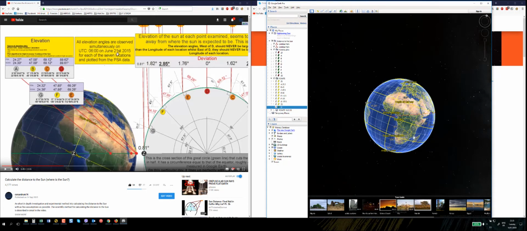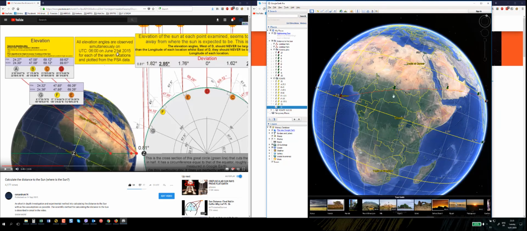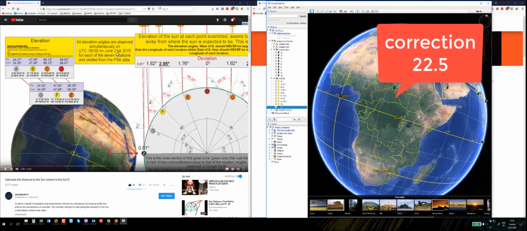Yes, they are continuations of the 22.5 meridian, and that's where they meet the ecliptic plane. But on the ecliptic plane, they do not form a 22.5 degree angle. They do not form a 45 degree angle. They form larger angles, actually. This, for example, from Z2 to G is larger than 22.5 degrees.